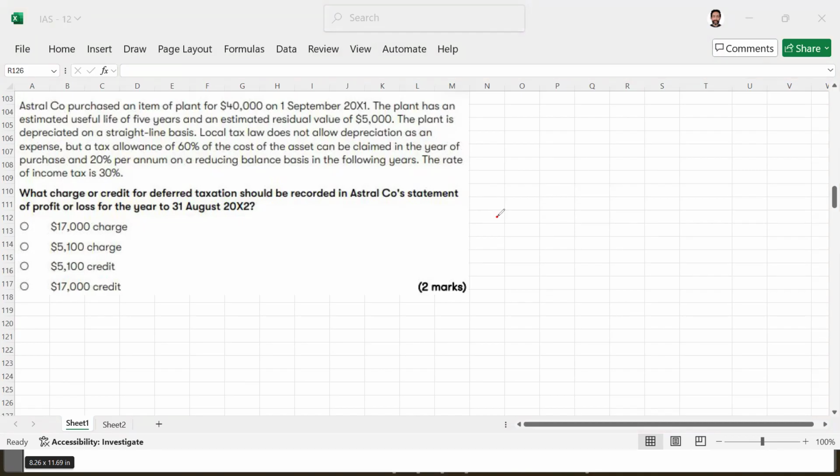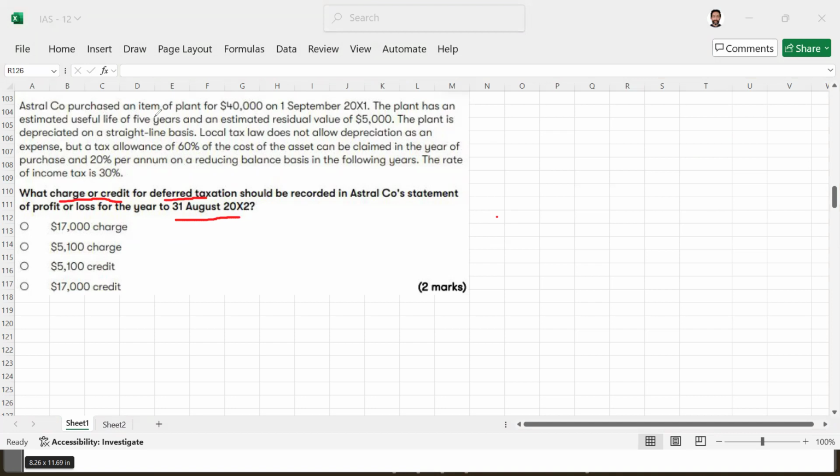So this is a smaller segment of the previous question, but obviously there will be some different details. So it's a different set question. The important thing is that we're looking at the charge or credit for the deferred taxation, and we have to have the value for the statement of profit or loss for the year ended 31st of August 20x2.